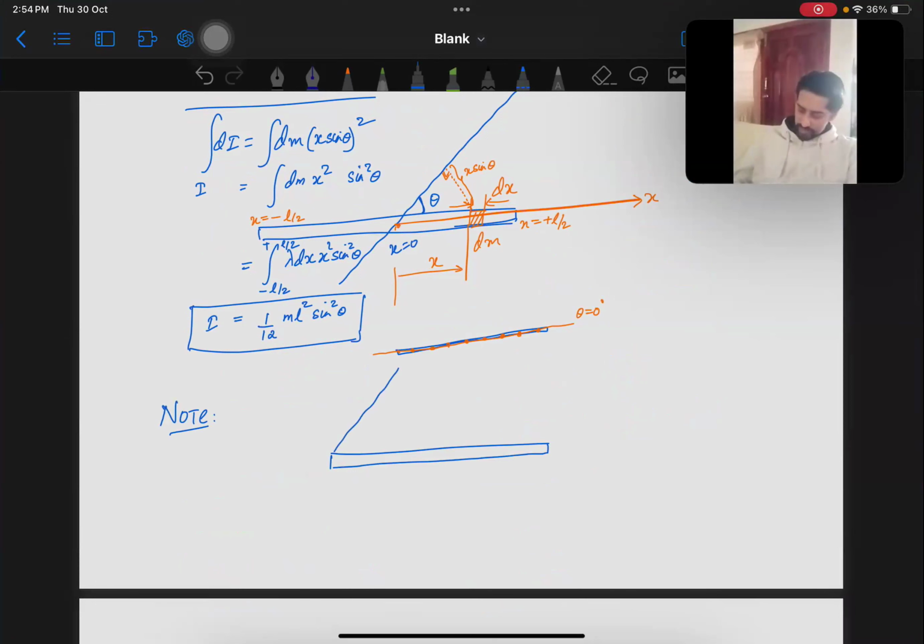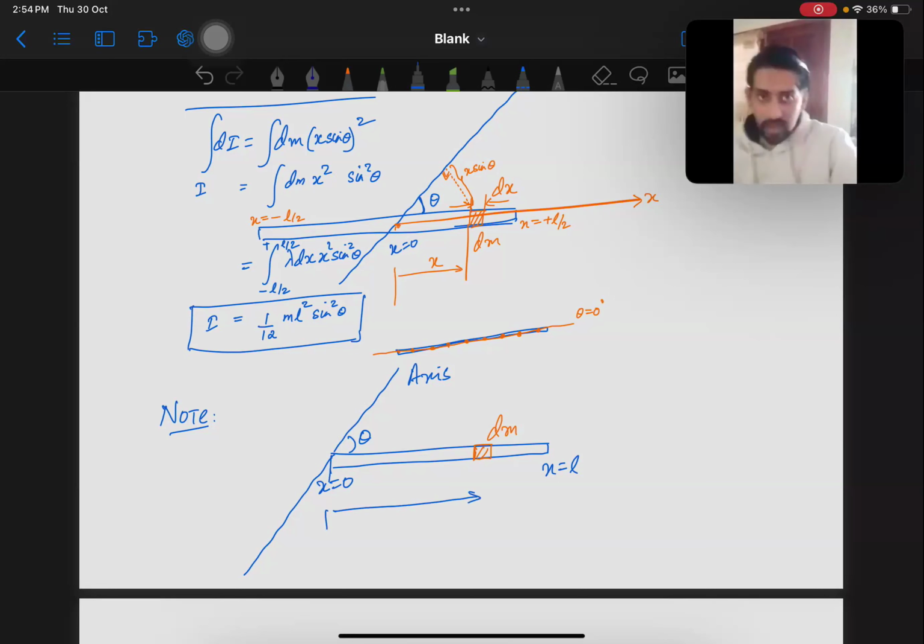This is a rod, and this is the axis over here. This angle is theta. You can set the x value as 0. We want to find out the value of MI for this one. You can take an element over here of dm mass and distance.